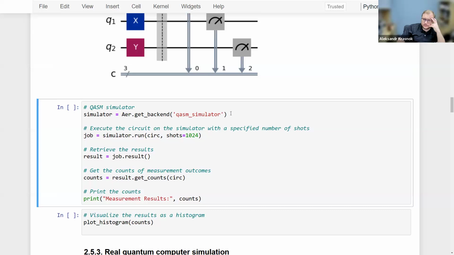The procedure is similar. I'm starting with the creation of the simulator, and I say what is my backend. So my backend is the custom simulator, because the custom simulator is only one possible type of simulator in this Aer package. Aer includes much more.